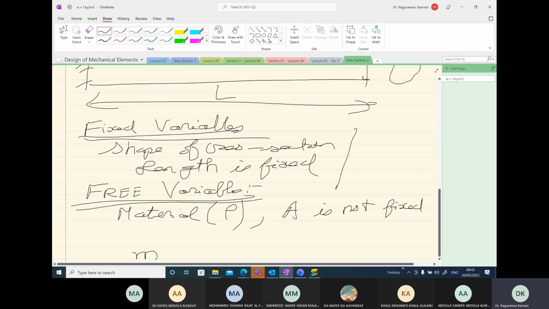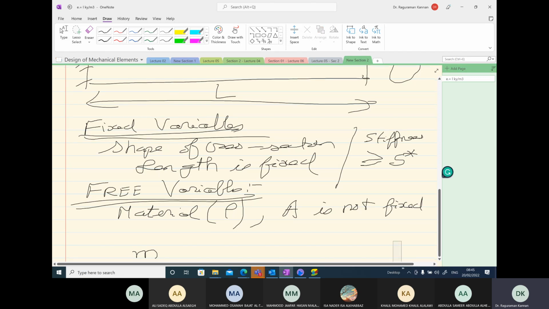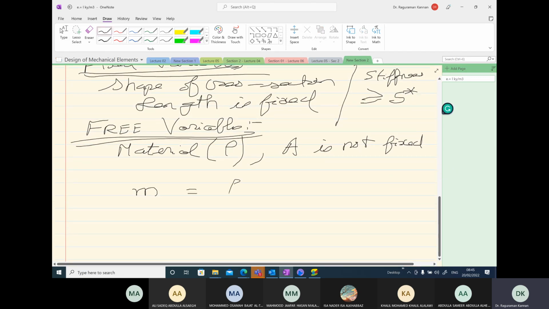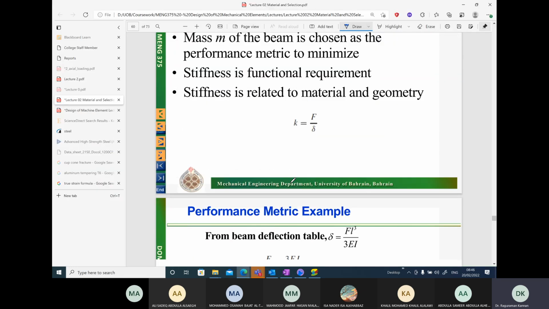Okay, so in that case, let's assume stiffness is supposed to be at least a certain value, so greater than or equal to, let's say S star. Okay, now we rewrite rho times A times L. We know rho and A are free variables, L is fixed. Now we need an expression for a cantilever beam. So I'm going to use a ready-made expression here.